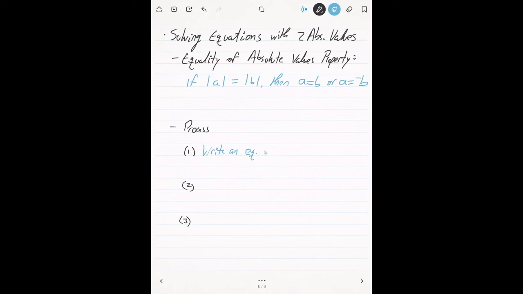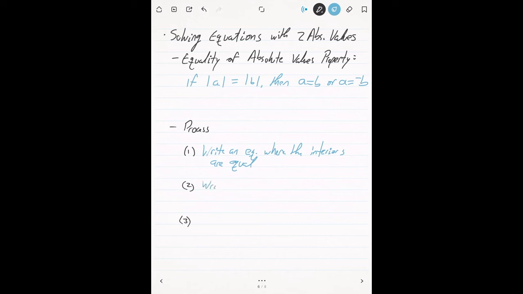So write an equation where the interiors are equal. Okay, so that's like where you set the two interior quantities equal to each other.